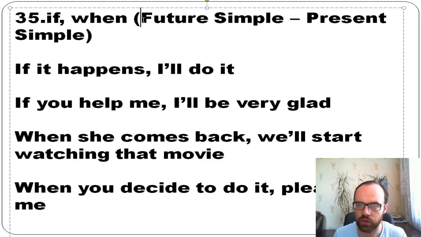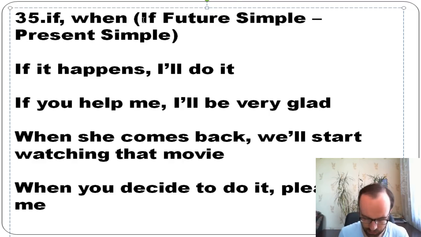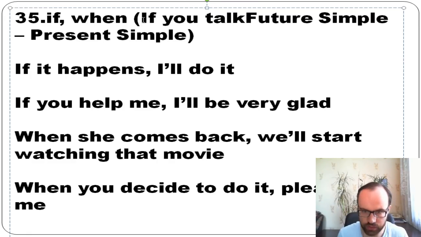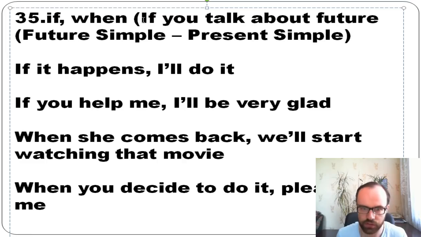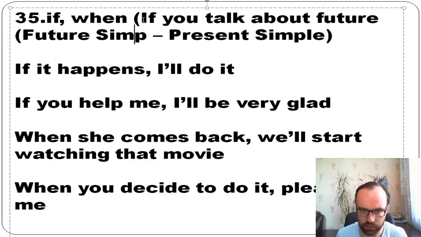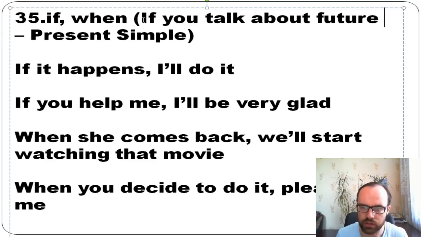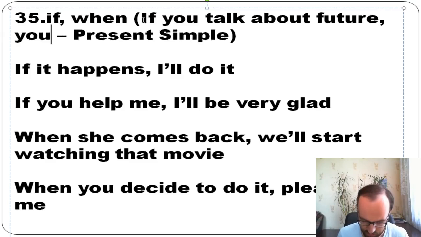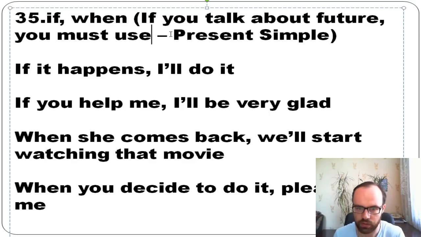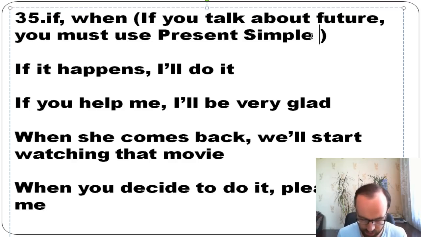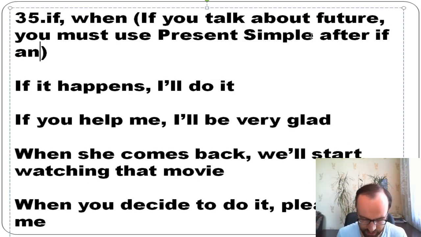If you talk about future, you must use present simple after if and when.